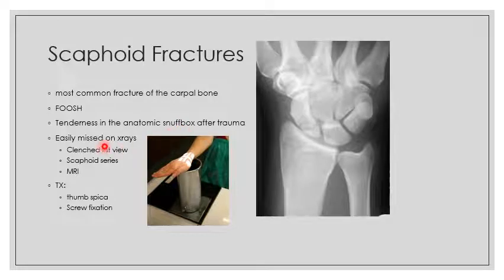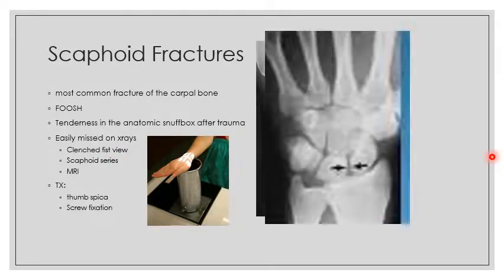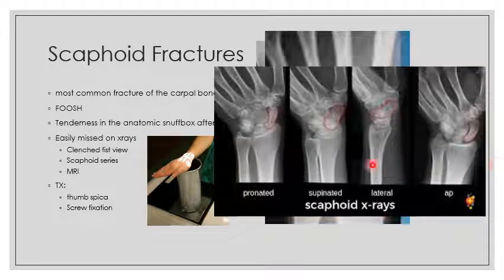If we suspect scaphoid fractures, we do a scaphoid series or a clenched fist view. In the clenched fist view, you can see a widening of the scapholunate space. This could be indicative of a scaphoid fracture. For the scaphoid series, we do this in different positions.